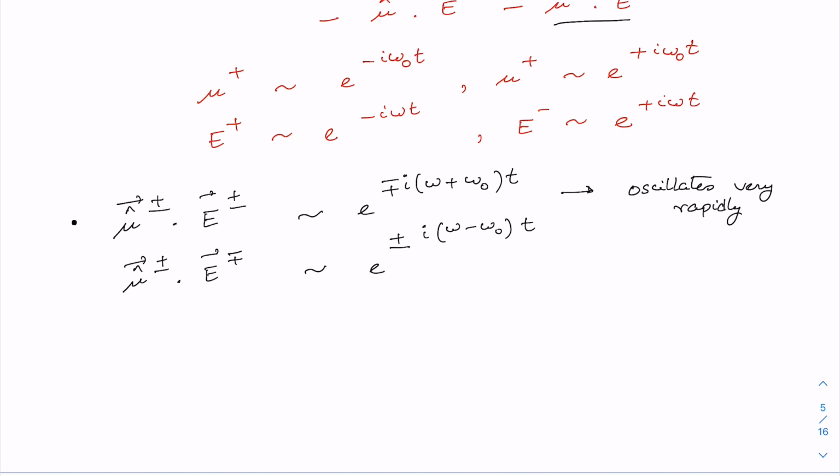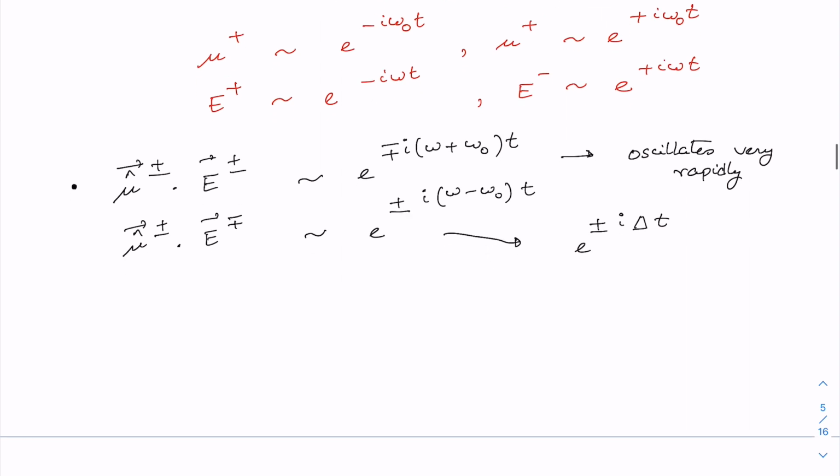On the other hand, these two terms oscillate with frequency e to the power plus minus delta, that is the detuning parameter, and that means that out of these four terms, two terms will oscillate very rapidly.